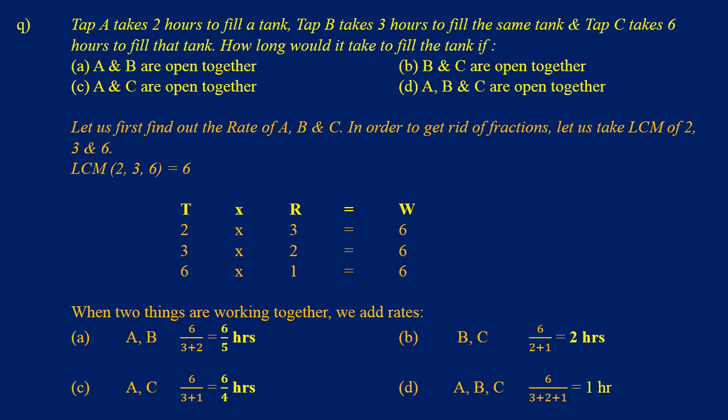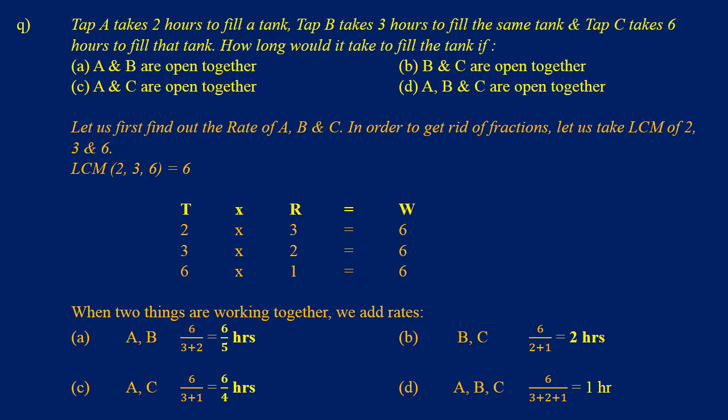So now if taps A and B are open together, this means they are working together. So we add the rates. The time taken to fill the tank will be the work done divided by the rate. The work done is 6 and the combined rate is 3 plus 2, which is equal to 5, so 6 over 5 hours. Now if B and C are left open together, 6 will be divided by the combined rate of B and C, that is 2 plus 1, which is equal to 3.